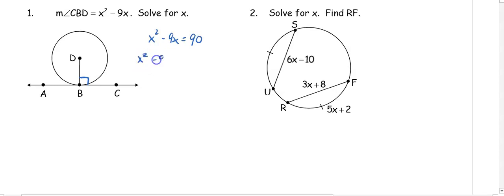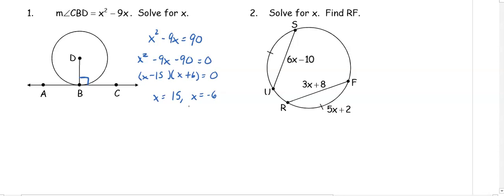We're going to move everything to the x squared side, so x squared minus 9x minus 90 is equal to 0. So we need two numbers that multiply to negative 90 and add to negative 11. So those numbers are negative 15 and positive 6. So when we switch our answers, we get x is 15 and x is negative 6. In this case, both will work because if I substitute them in for x, I'm going to get 90 degrees as my angle measurement.